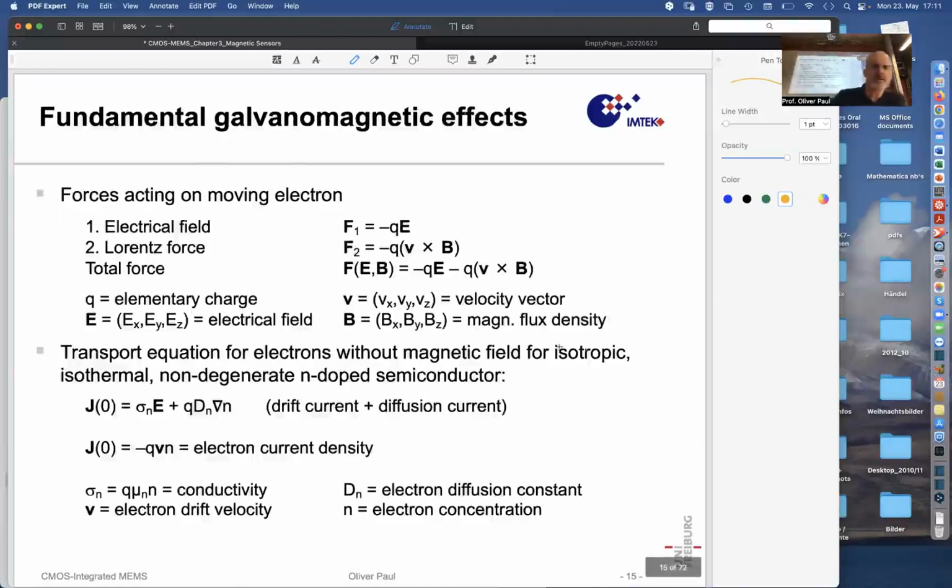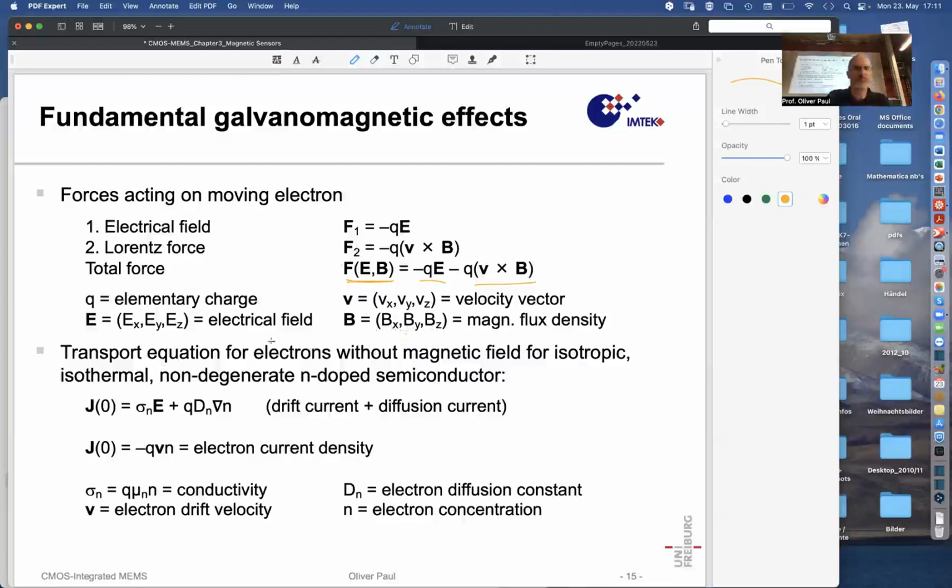So one step back, if we have just the electric field, then this is the force. If we just have the Lorentz force, then this is the force. And of course, now we have a total force due to both of these effects that can be written like that. As for the case of the electrons, where Q is the elementary charge, and V is again the velocity vector with its three components, and B the B field with its three components, and E is the electric field with its three components.